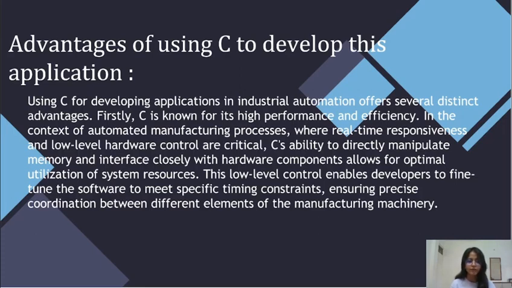In the context of automated manufacturing process, where real-time responsiveness and low-level hardware control are critical, C's ability to directly manipulate memory and interface closely with hardware components allows for optimal utilization of system resources. This low-level control enables developers to fine-tune the software to meet specific timing constraints, ensuring precise coordination between different elements of the manufacturing machinery.